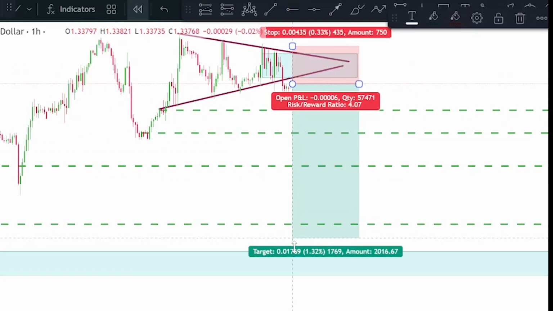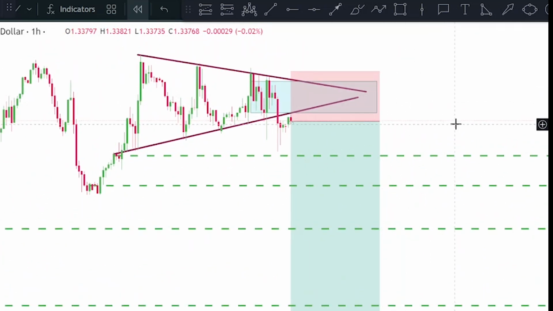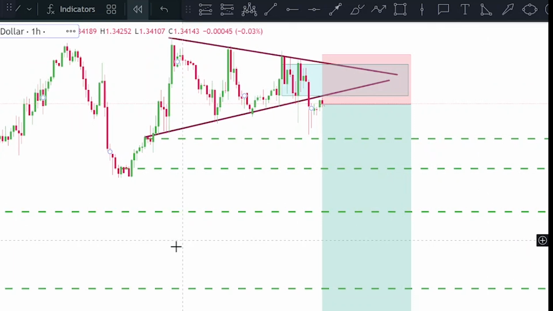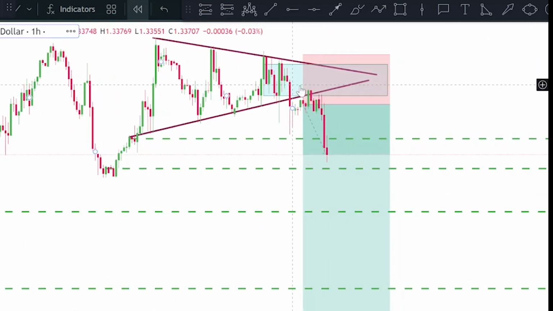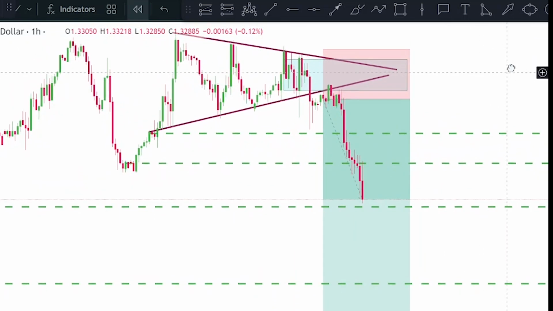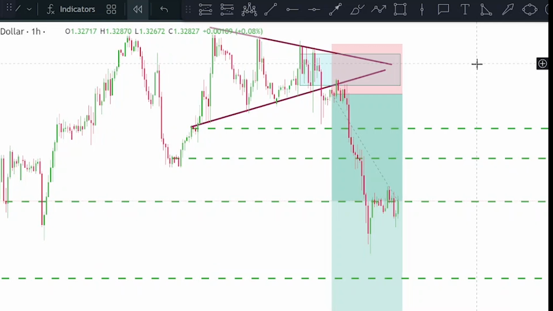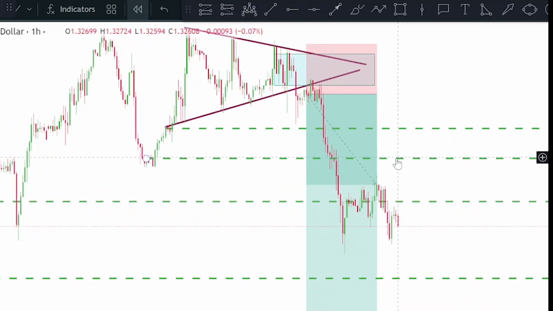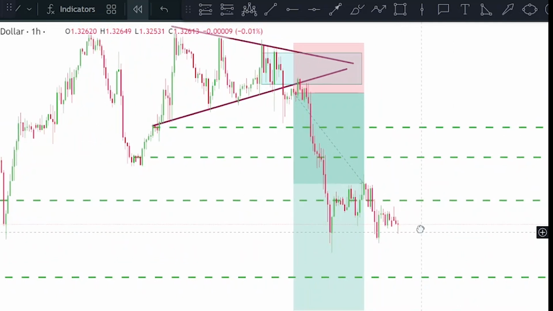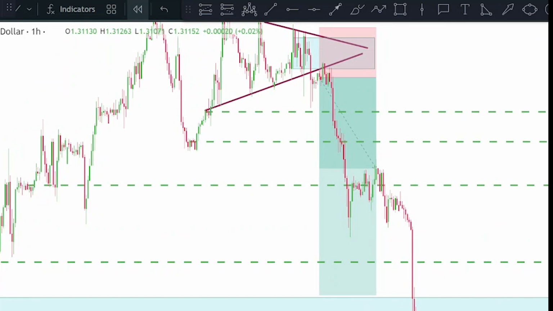So let's now see if we can get to our target from the confirmation of the symmetrical triangle. We are moving up. We activated from our supply area, so we are moving down. TP1, TP2. Now we go to our target.